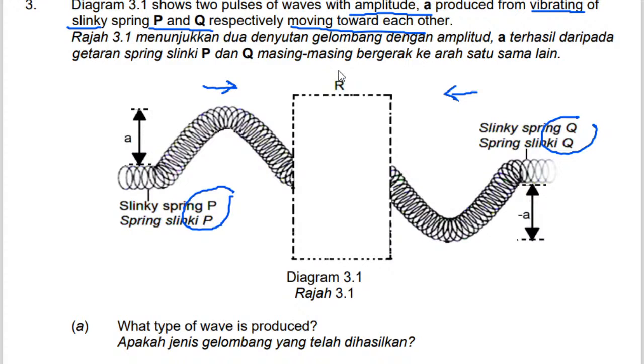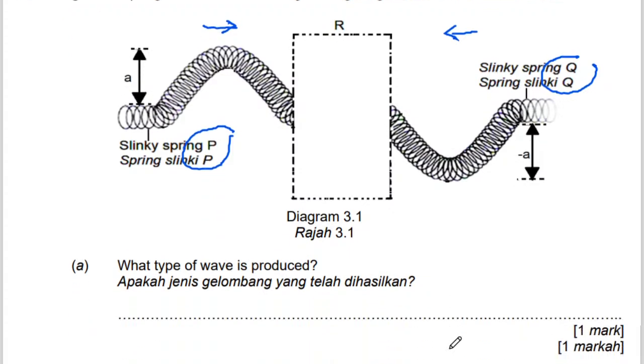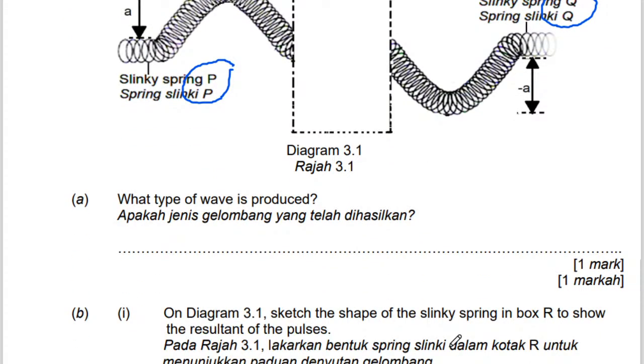Now, what type of wave is actually produced by that slinky spring? What is the answer? What type of wave is produced? Yes, correct, Apip. Transverse. Wah, everyone is correct. Clap your hands.